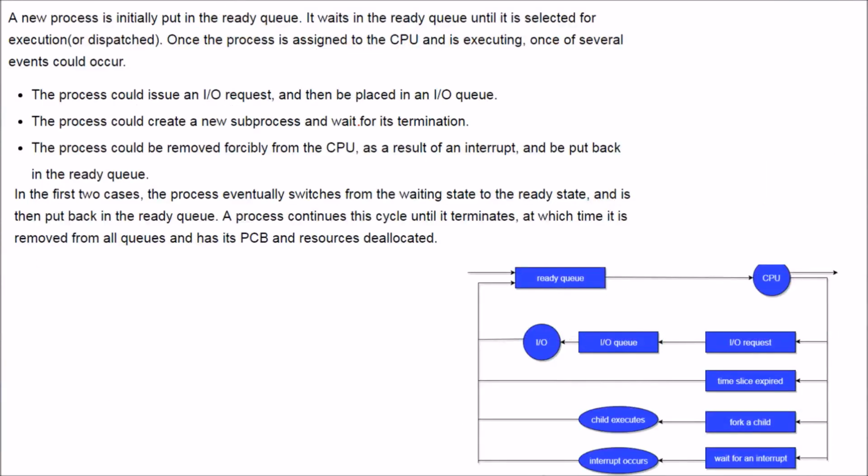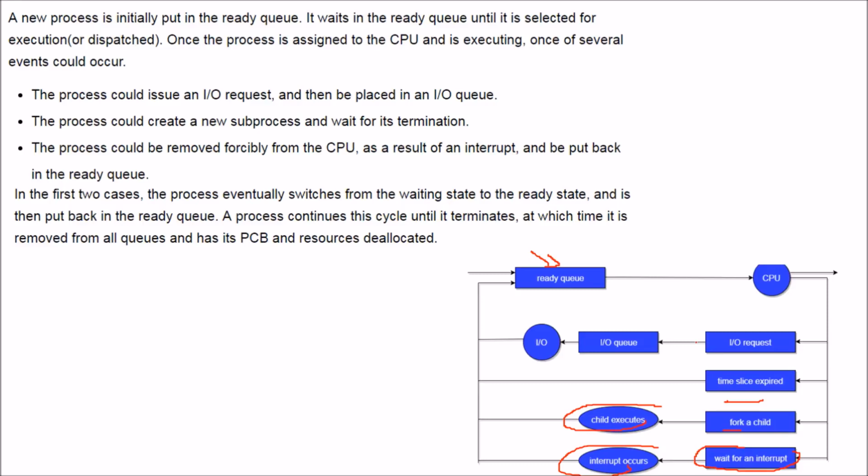So a new process is initially put in the ready queue. It waits in the ready queue until it is selected, as I just said. So this is the process which is going on. Ready queue, then the input-output queue, the input-output request, and the time slice. Here we can fork a child, the child executes, or it waits for an interrupt and the interrupt occurs.